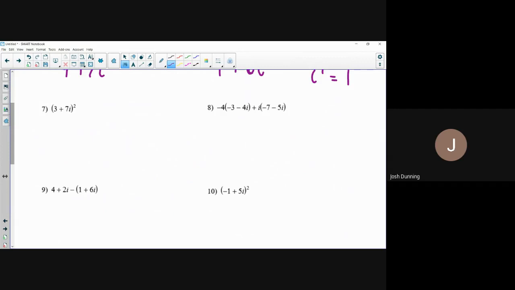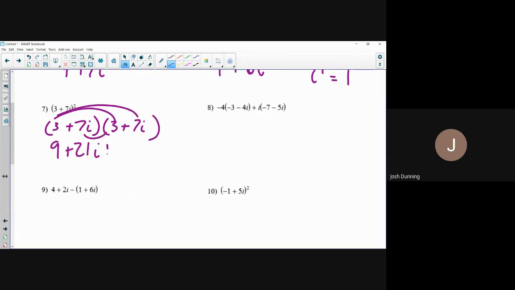Seven. Binomial squared, I got to write it out twice. We get 9 plus 21i plus another 21i plus 49i squared.